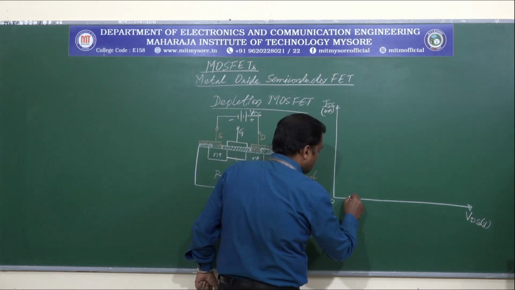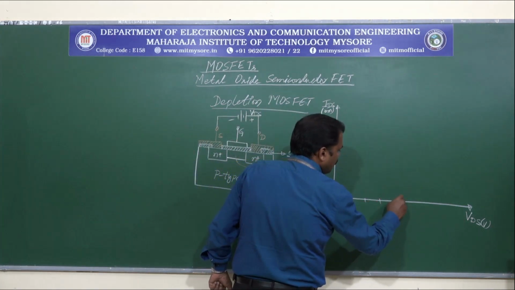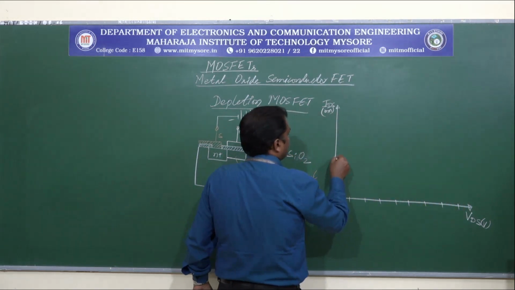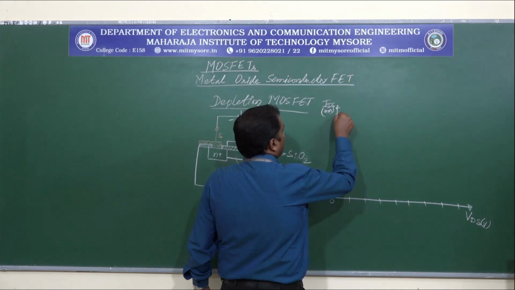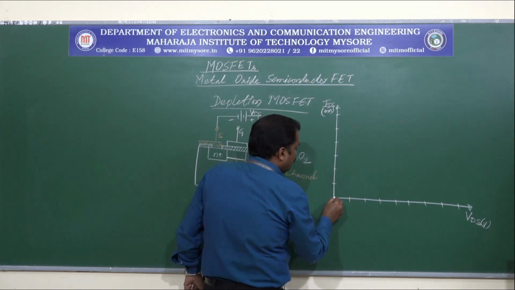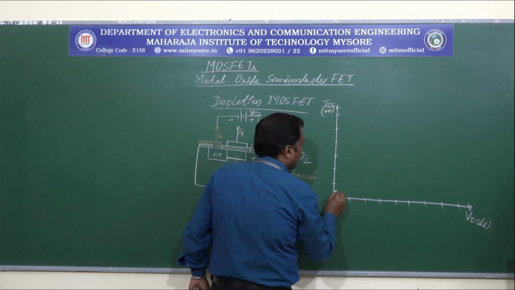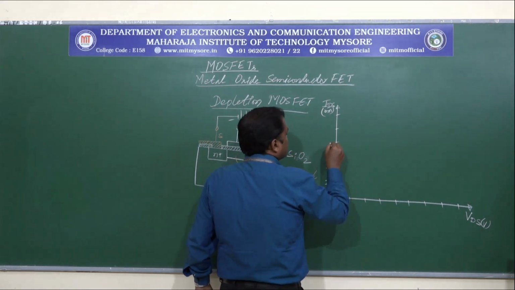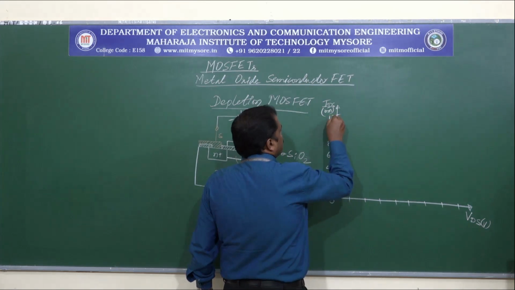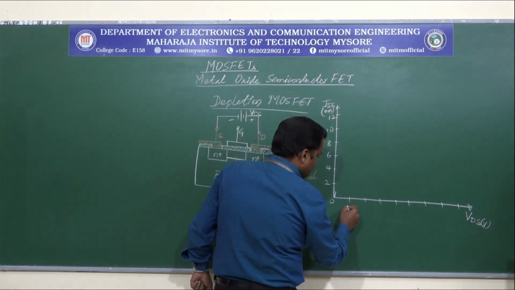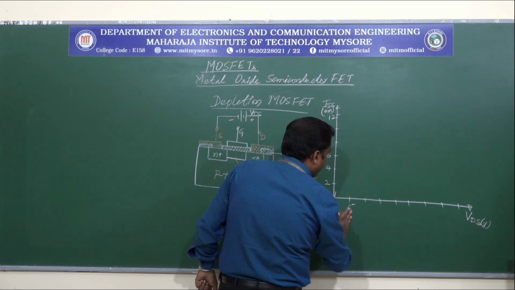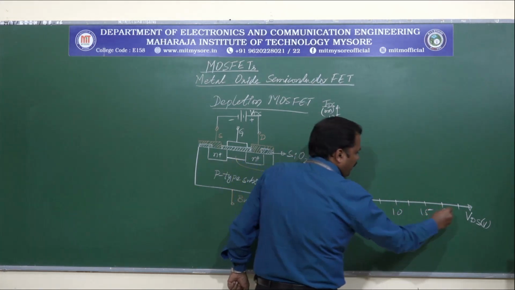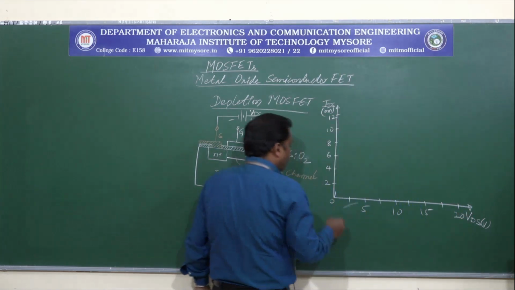Now let us consider this plot. Let me write the scale here, 2, 4, 6, 8, 10 and 12. So this can be considered like 5, 10, 15 and 20.